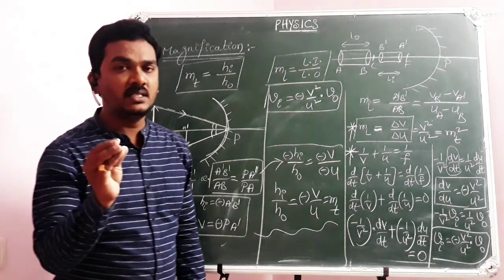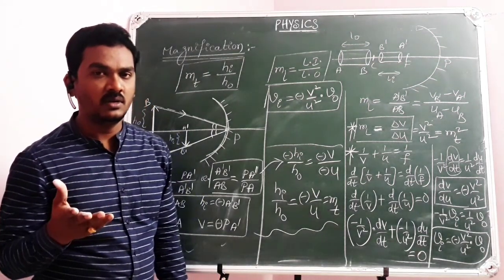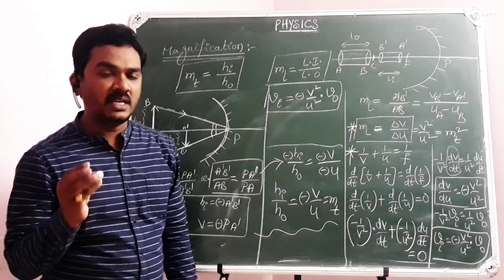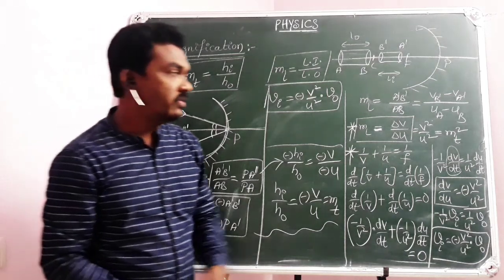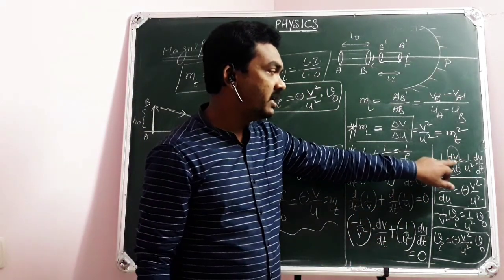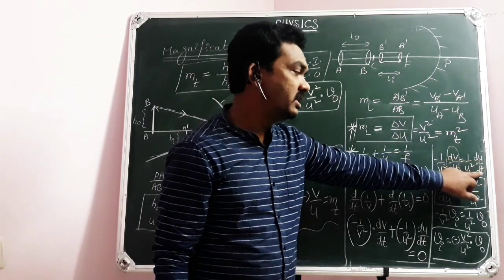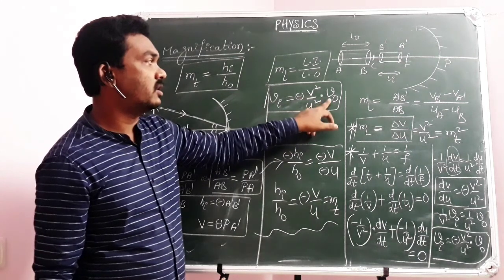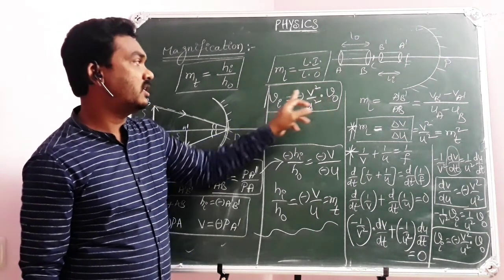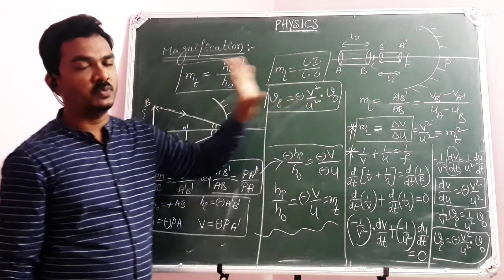When x indicates distance, dx by dt is the speed. Then V indicates image distance, dV by dt is image speed. U indicates object distance, dU by dt indicates object speed. So V_I is image speed, V_O is object speed. Then the relation is image speed equal to minus V square by U square into object speed.